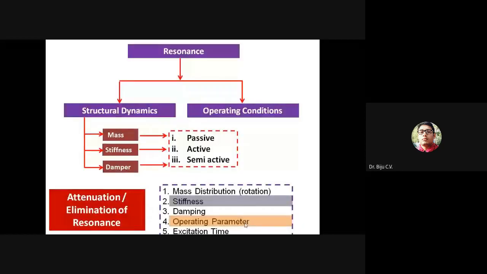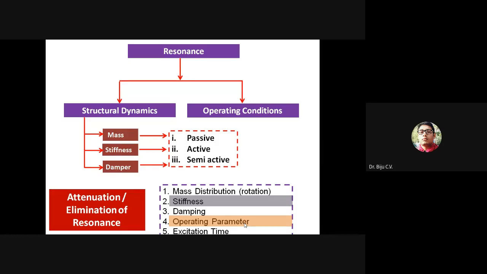Now, we will move to the core area: how resonance can be eliminated. Here, two possibilities are there. Either you can play with the structural dynamics or you can play with the operating conditions. The easiest thing is, if you know the structural dynamics, ask the operator not to operate in the region where the natural frequency exists.